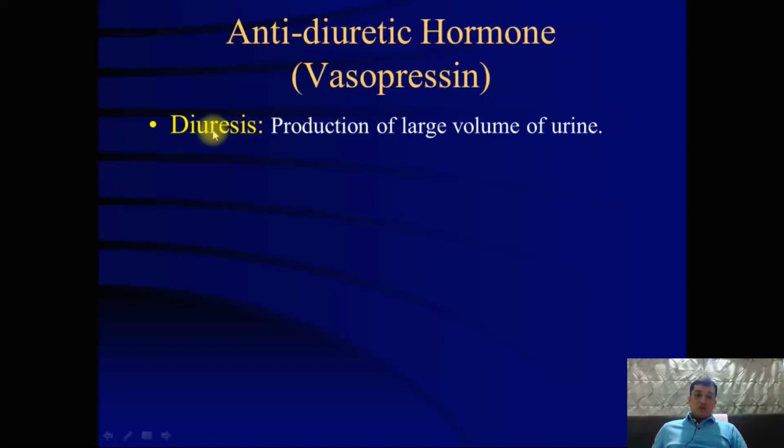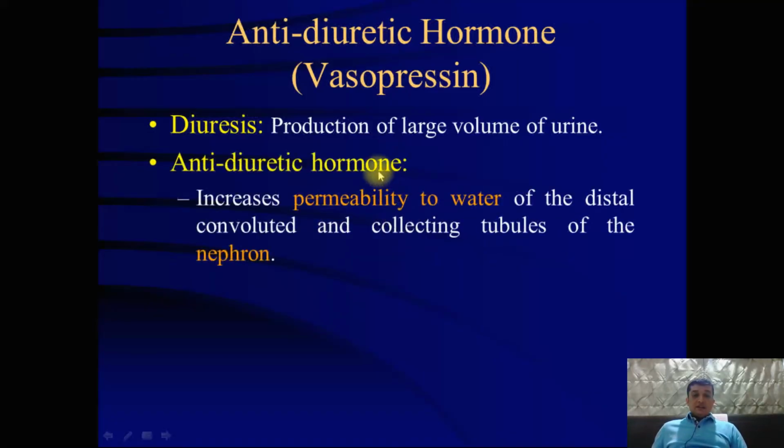Uresis means the process of urine formation, and diuresis is the formation of urine in a large quantity. Di refers to large. So production of a large volume of urine is called diuresis. But remember that here we are talking about an antidiuretic effect. The hormone is producing an antidiuretic effect.